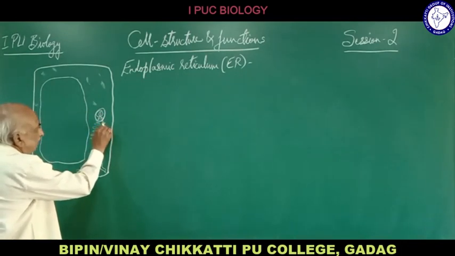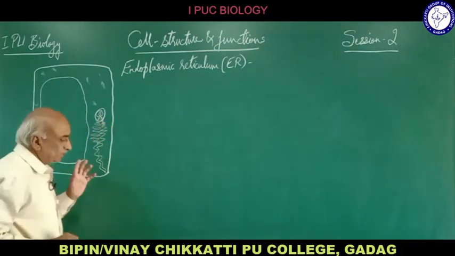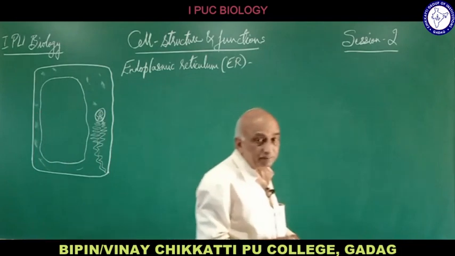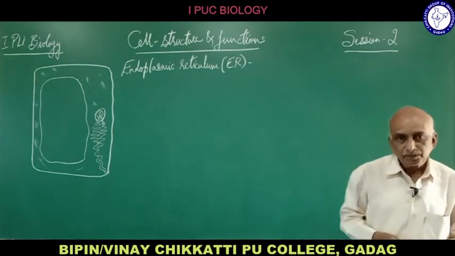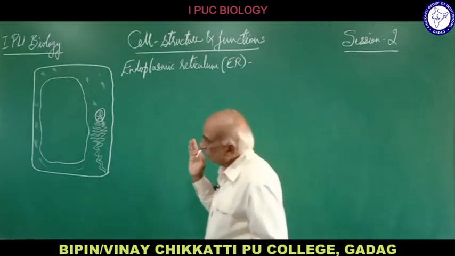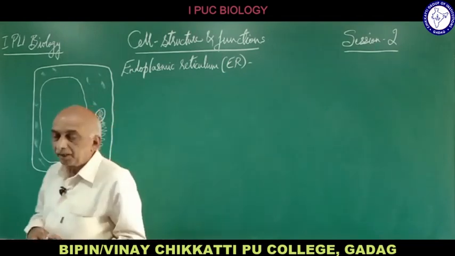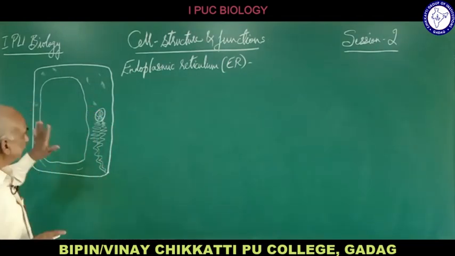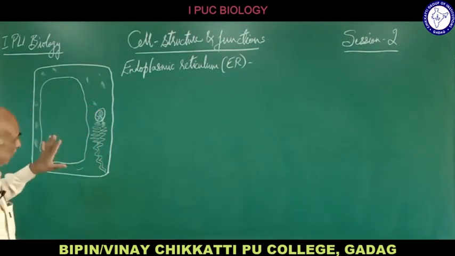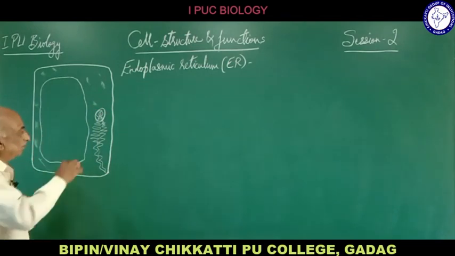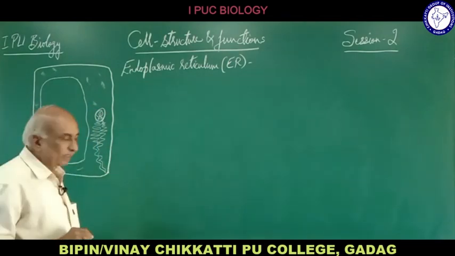This endoplasmic reticulum divides the cytoplasm into compartments, which helps in the distribution of the various biochemical reactions which take place in the cell. That is the main occurrence in the cell.